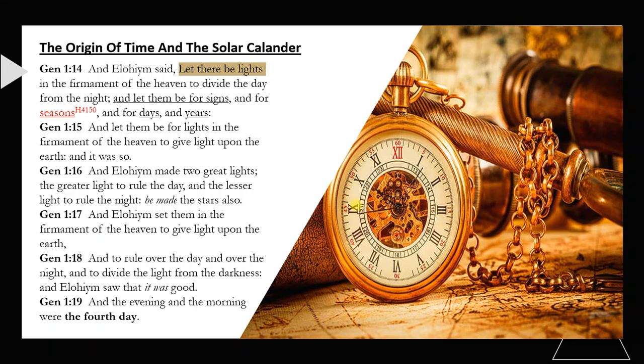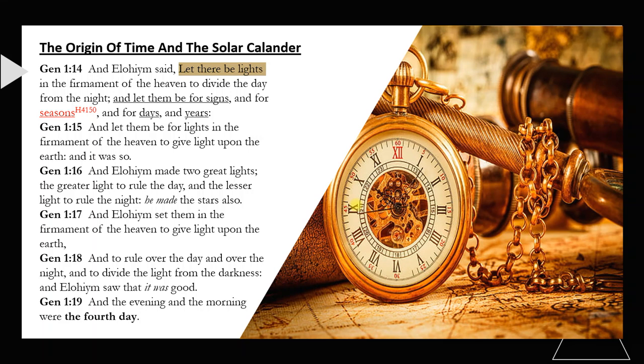He made the stars also. Verse 17. And Elohim set them in the firmament of the heaven to give light upon the earth, and to rule over the day and over the night, and to divide the light from the darkness. And Elohim saw that this was good. And the evening and the morning were the 4th day.